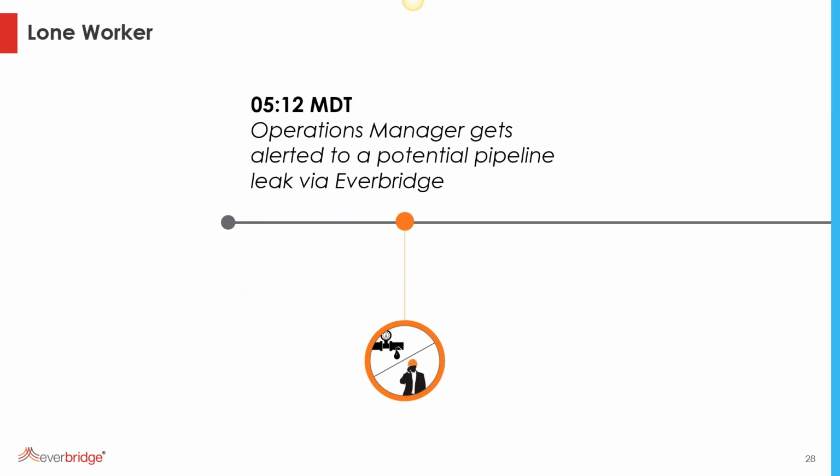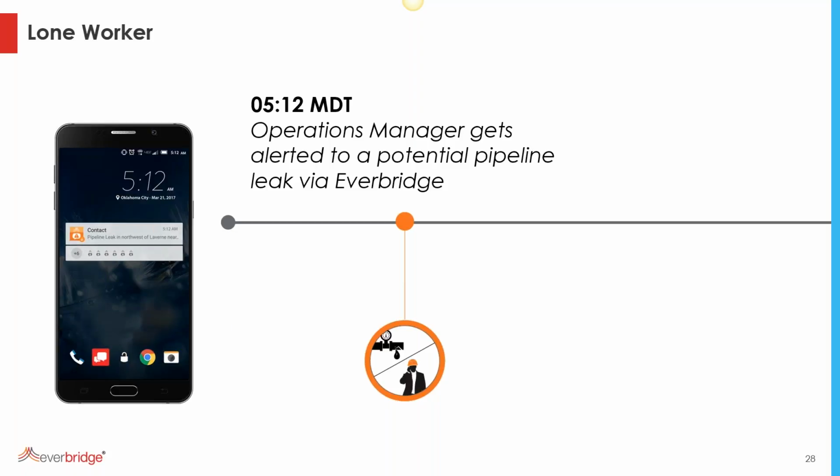So now let's take a look at a scenario with a pipeline leak. As an operations manager in a GSOC, in a command center, in an EOC, I get an alert that there is a pipeline leak that's affecting my company. There's a pipeline leak and my company needs to address it, right?